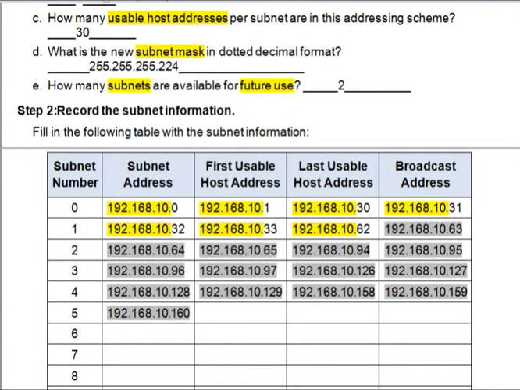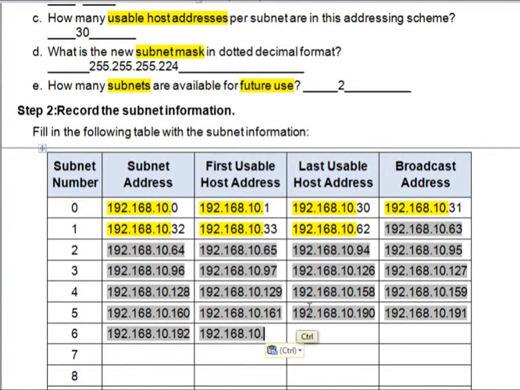We can continue. For 160, the first usable host address will be 161, and the last usable host address will be 160 plus 30, which will be 190. Okay, so in this case the answer will be 190, and broadcast address will be 191. Okay, for subnet 6, the network address will be 192.168.10.192, and the first usable host address 193.